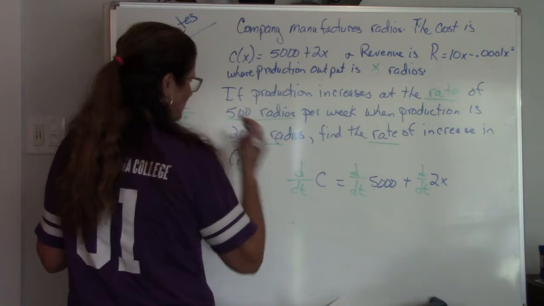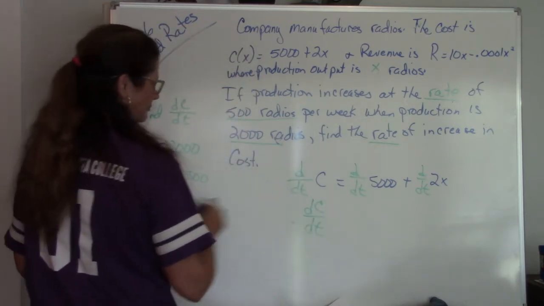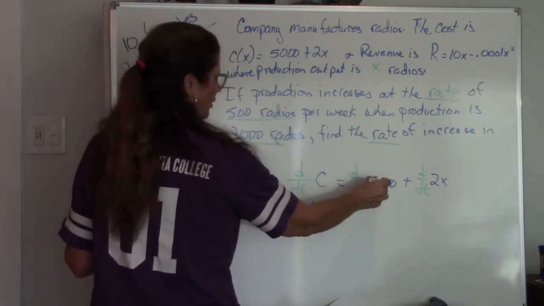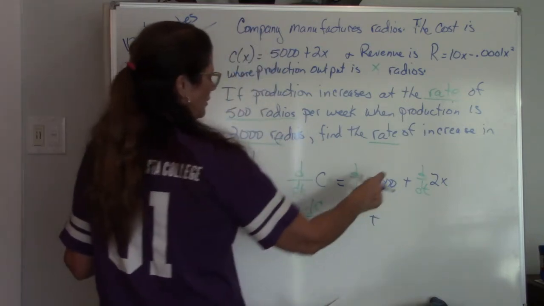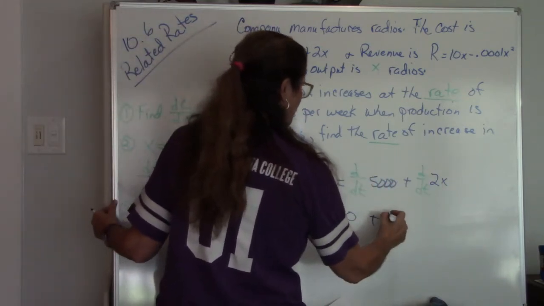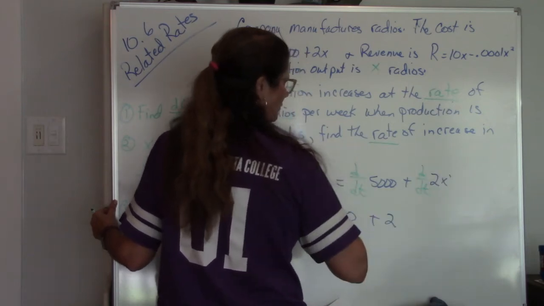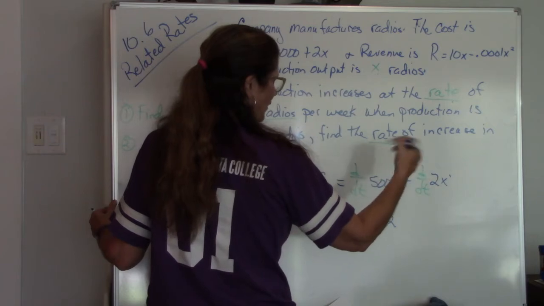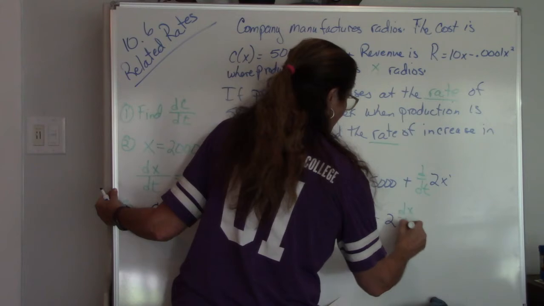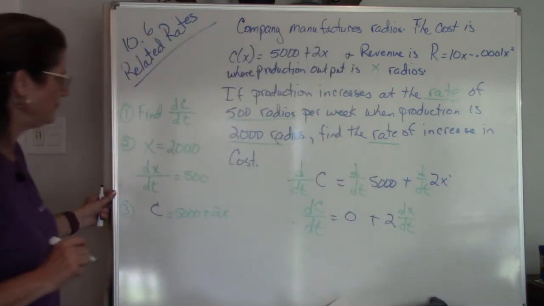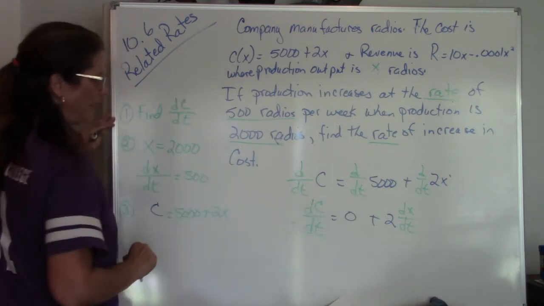The derivative of cost in terms of time is dC/dt. The derivative of a constant, the 5,000, in terms of time is 0. The derivative of 2x is 2, and then dx/dt. Do you see that? I just used my power rule. We're finding dC/dt, and it's already by itself.